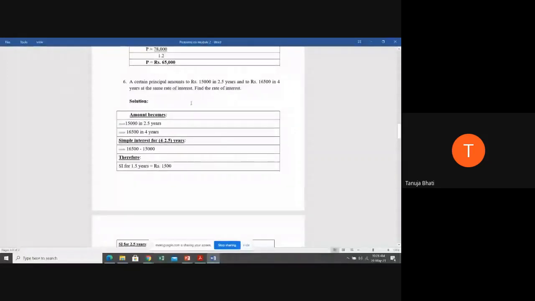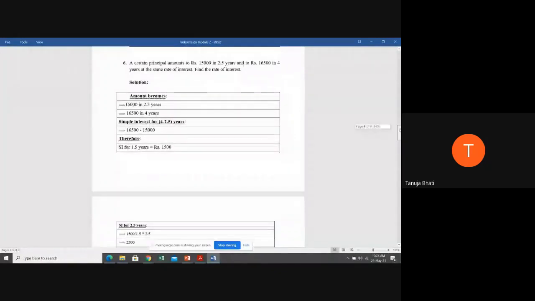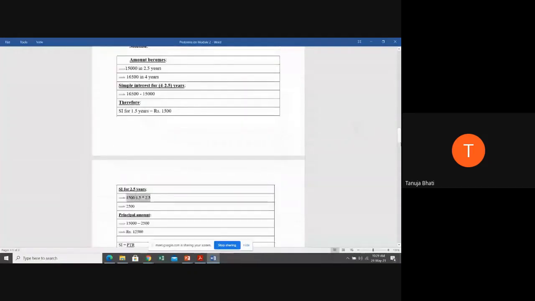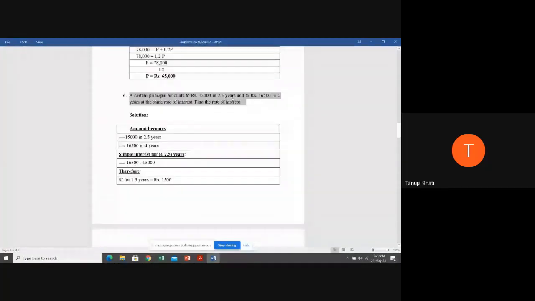When I solved the solution for the problem, I said that you all are calculating for 2.5 years. Let me just repeat the problem. A certain principal amounts to 15,000 in 2.5 years and to rupees 16,500 in 4 years at the same rate of interest. Find the rate of interest.